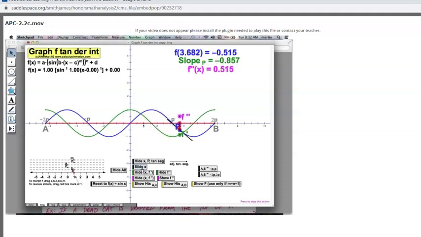Well, right there, okay, let me move this over here. Right there, the slope of the green line is 0, and so the f double prime is at 0. Right here, the slope of the green line is 0, so f double prime, the pink dot, is at 0. And you can see, likewise, these values here, the slope of the green curve from here to here are all negative, so the y values of the pink dot are all negative.